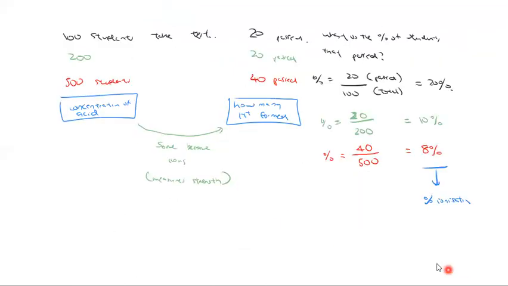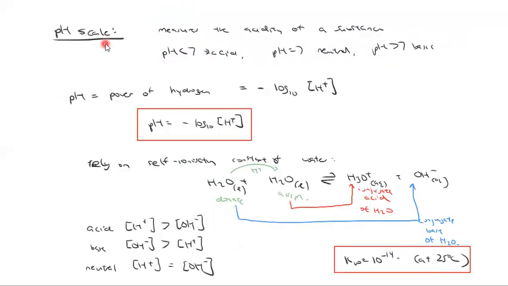So when you're really working out pH, it tells you how acidic or basic a substance is, but essentially, it is simply a number that represents, in nicer numbers, the concentration.